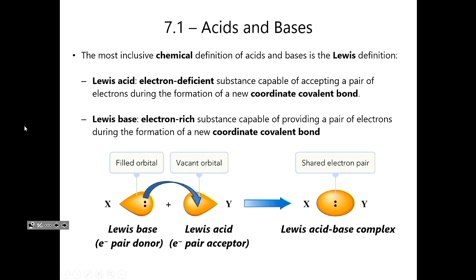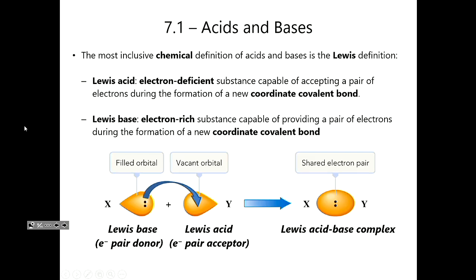Now, if that atom, the Lewis acid, is capable of accepting a pair of electrons to form a bond, that means it must have some kind of electron deficiency or vacancy in order to accept that pair of electrons. So it's typically an atom that has some kind of vacant orbital, or it can be an atom that has a full octet.